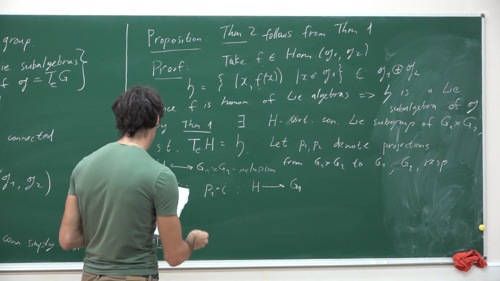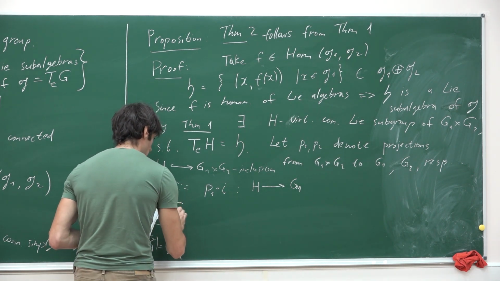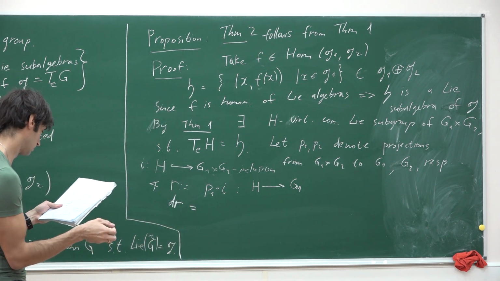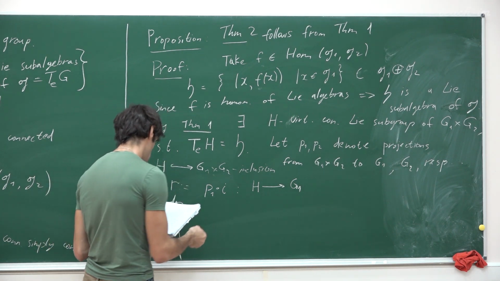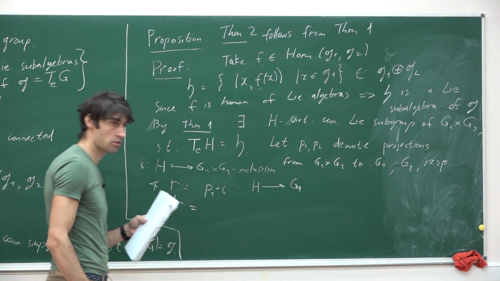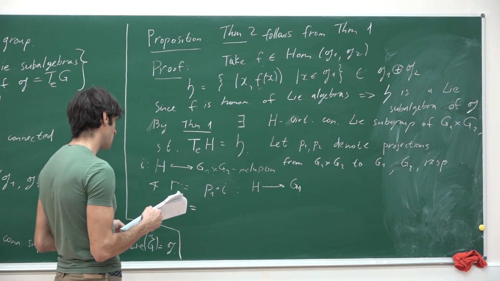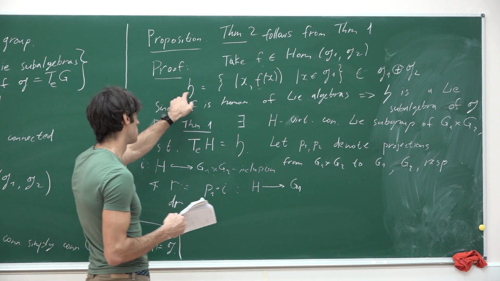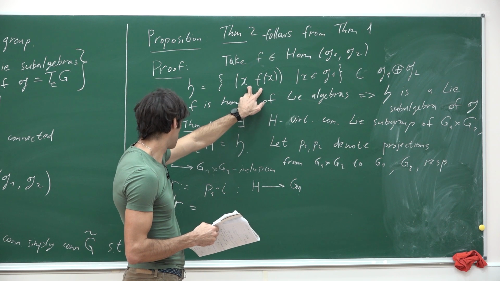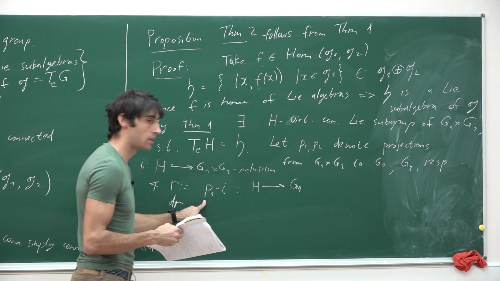Okay, so then what is the differential of R? The differential of R is from H small to G1 small, right? So dR is the composition of dI and dP1.